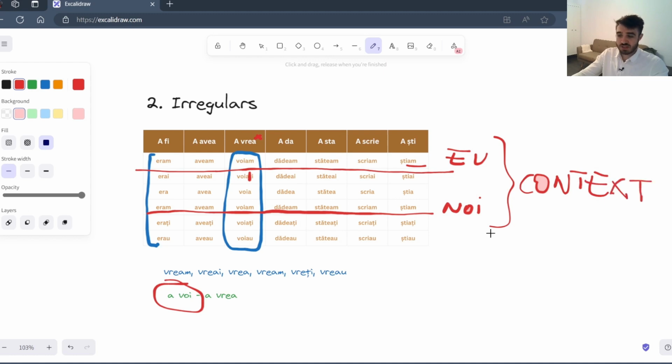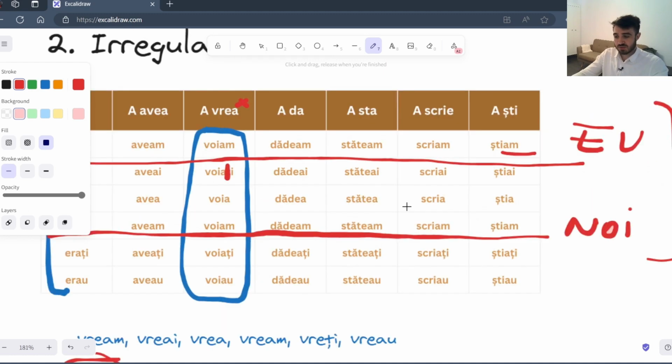If somebody says, let's use one of those maybe, scriam pe tablă, I was writing on the blackboard, obviously you wouldn't know much.